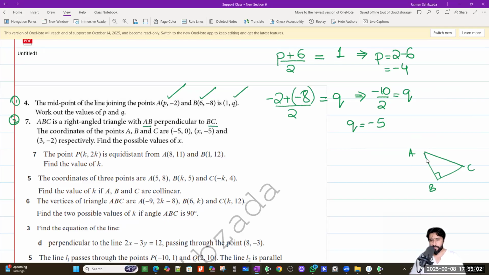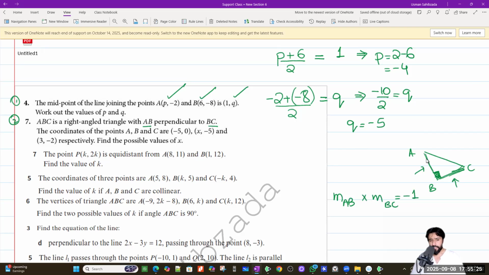This allows me to make a 90-degree angle at B because AB is perpendicular to BC. So this is where the 90 exists. That should allow you to realize that the gradient of AB, because the lines that are perpendicular, their gradients multiply to give you minus 1.